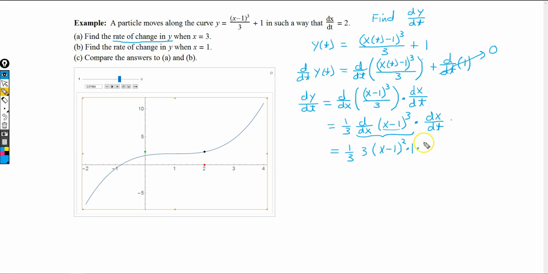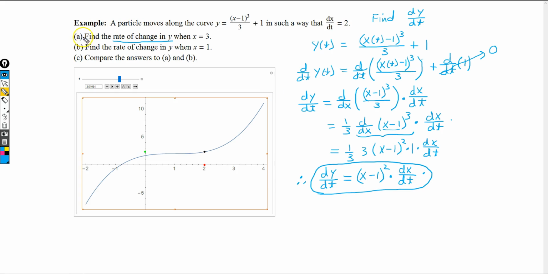And then we still have our dx/dt right here. And so therefore we have that. And there we go. We have found what dy/dt is in terms of x and dx/dt.